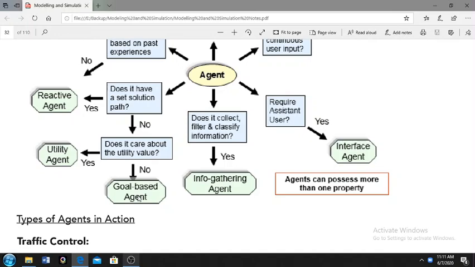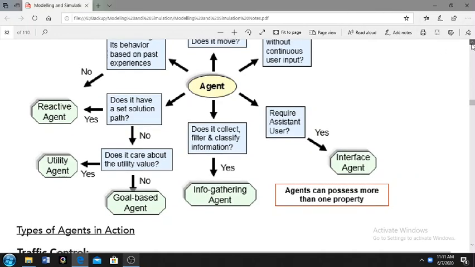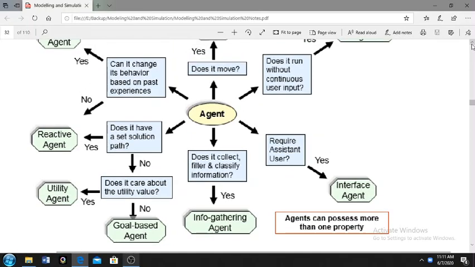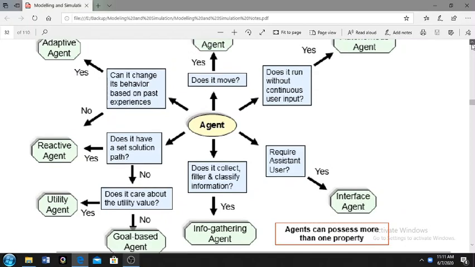Reactive agent: if it has a set of solution paths, it's reactive. Reactive agents, I like saying that they're the dumbest ones. They just react, they don't think, they are robotic. They know that they have a set of solutions. They know that we were told to do this, like a security guard.